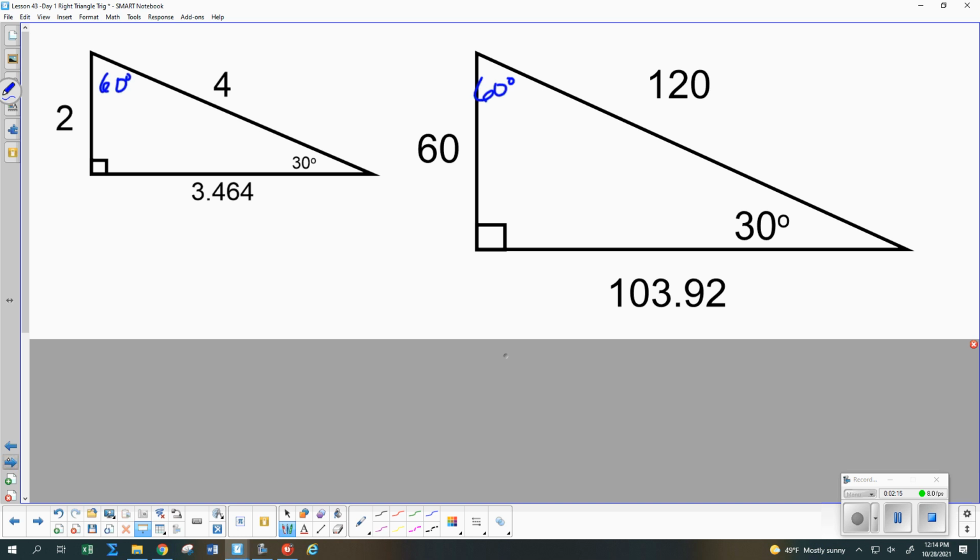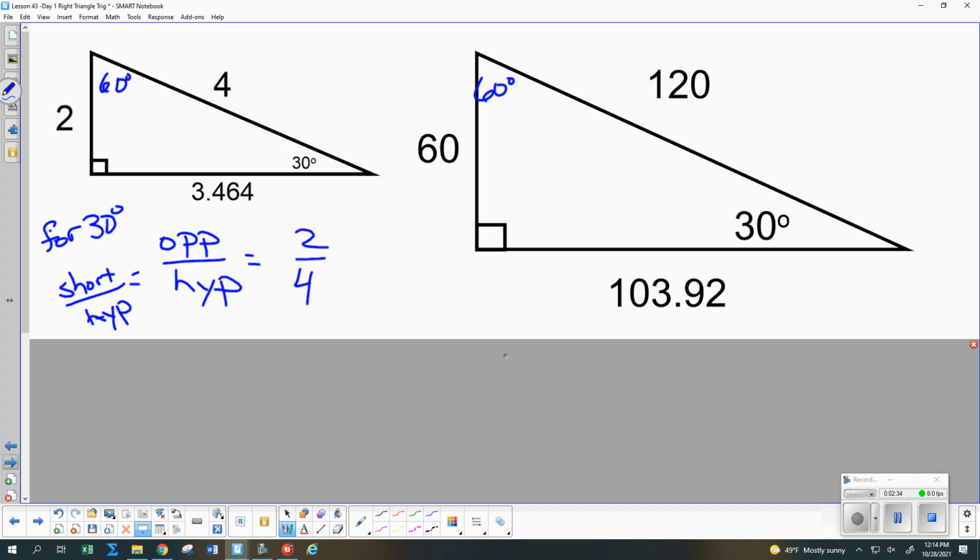So if I took, for the 30 degrees, the side that was opposite over the hypotenuse, or in this case it's the short leg over the hypotenuse, I would have 2 over 4.